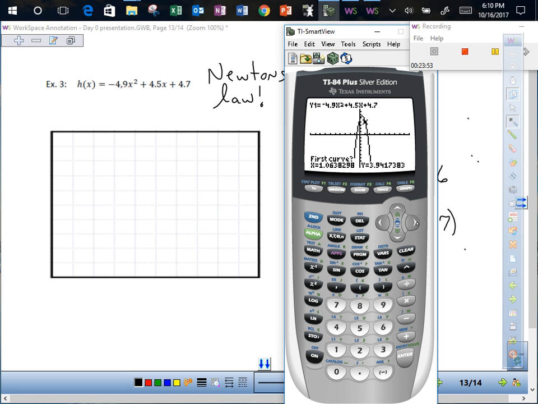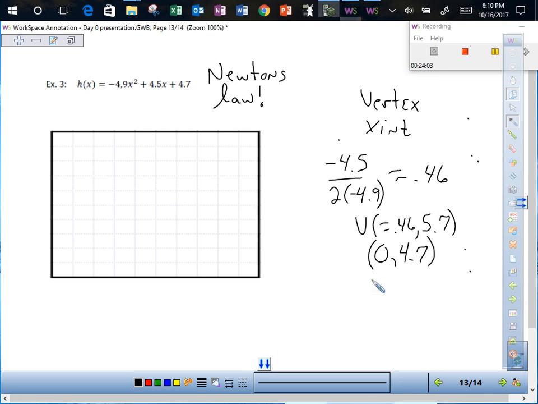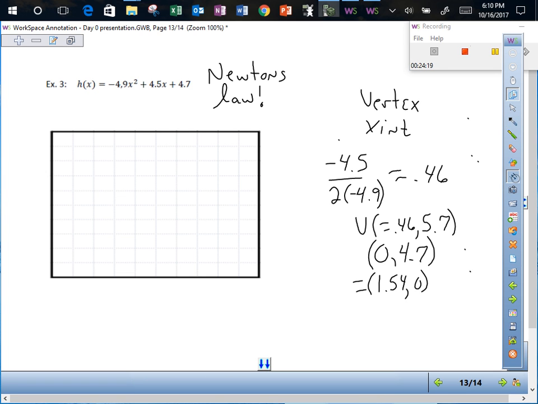Let's get over to that. So it looks like approximately 1.54. So I need an x-intercept at about 1.54. So we need to make sure all of those things fit. Remember, I don't need any negative numbers. So what I'm going to do on this one, I'm going to go ahead and put my y-axis maybe way over here.